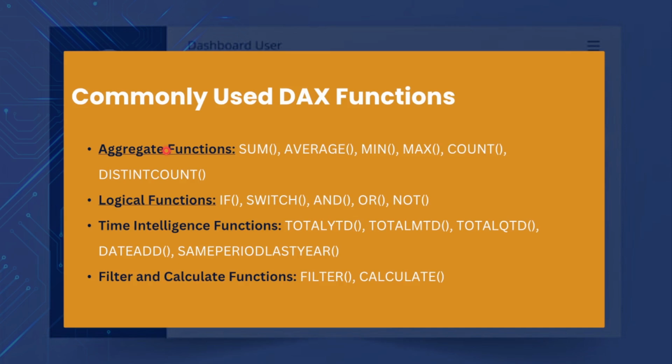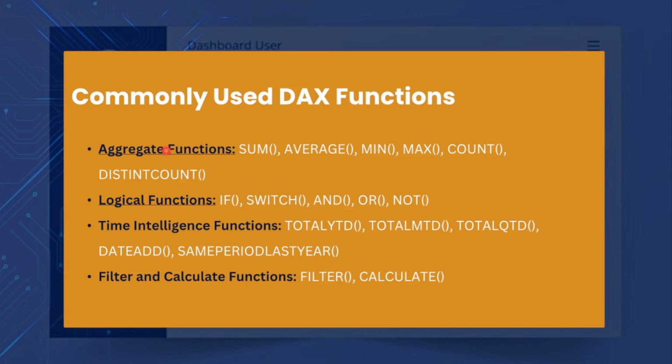You have TOTALYTD, TOTALMTD, TOTALQTD, DATEADD, and many others. When you want to do some calculations or manipulation that has to do with dates, that's where you use the time intelligence functions.